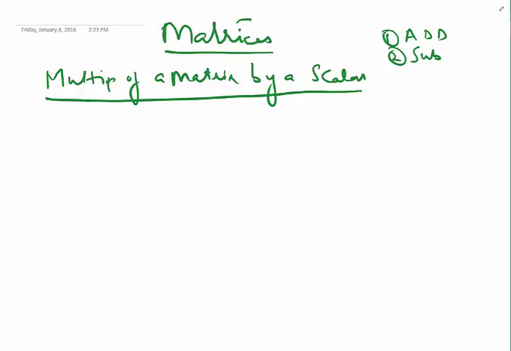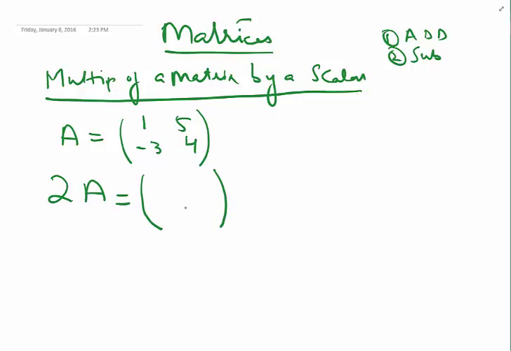Alright, so let's start with the multiplication of a matrix by a scalar, and let's suppose we have a matrix A with entries 1, 5, minus 3 and 4, and we are required to find 2 times A. So the rule is, in order to multiply a matrix by a scalar, we need to multiply all the entries of a matrix by that specific given constant.